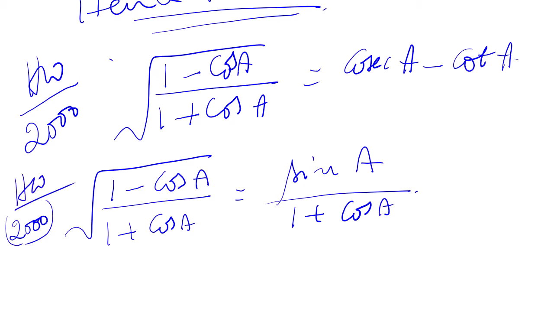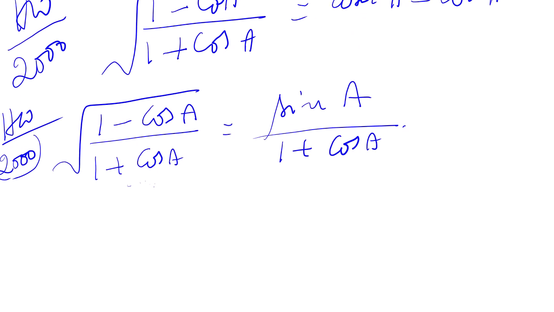Here the only difference is you will multiply with 1 plus cos A, so you will get 1 plus cos A whole square in the denominator, and 1 minus cos A into 1 plus cos A, that is a plus b, a minus b, in the numerator. Try and do it, you will get it.